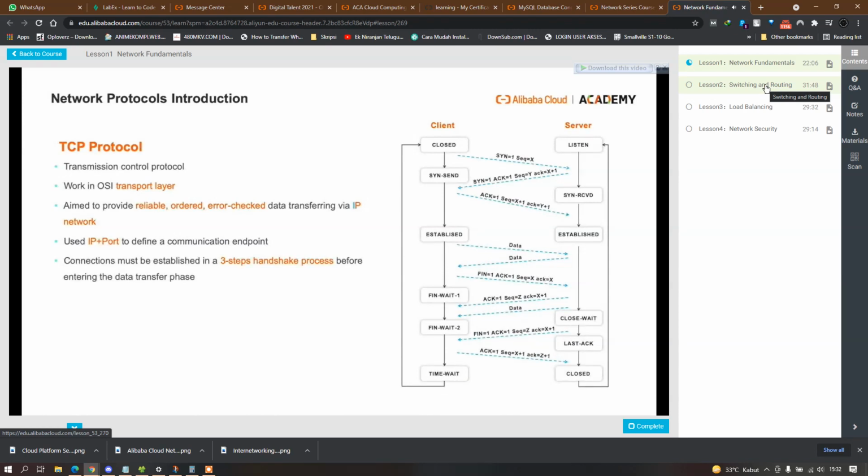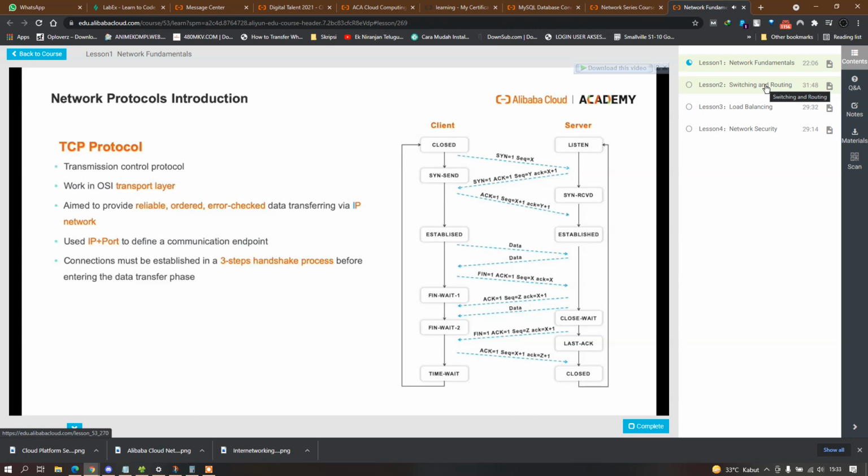Okay, so the second protocol that we should know is the TCP protocol. The full name for TCP is Transmission Control Protocol. This protocol works in the OSI transport layer, which is the fourth layer.